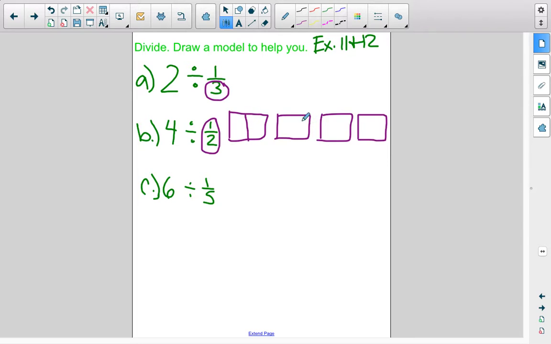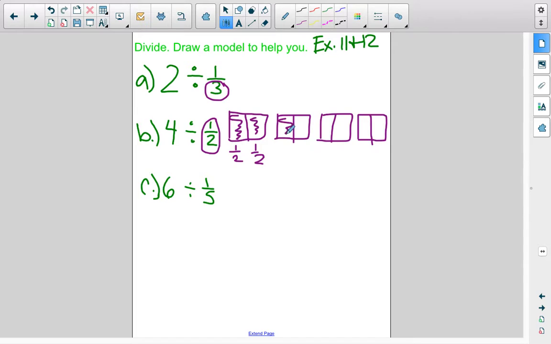So 1, 2, 1, 2, 1, 2, and 1, 2. Now I have to represent 1/2. That's 1 out of 2. If I were to highlight this part, this would also be 1 out of 2.